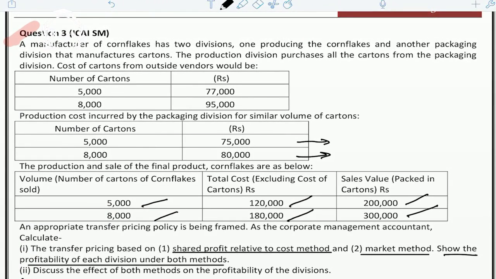Read every line properly, and then I'm going to explain it. Please go through the question.